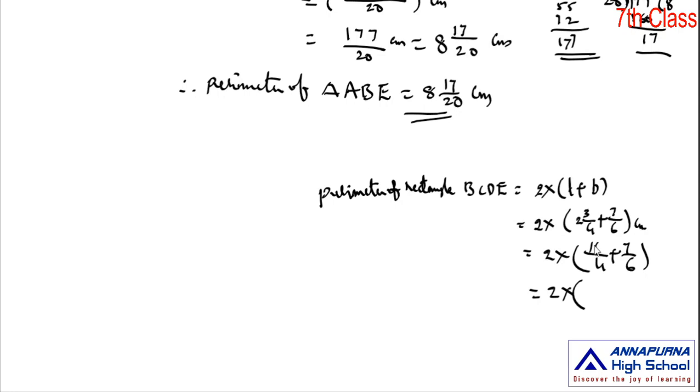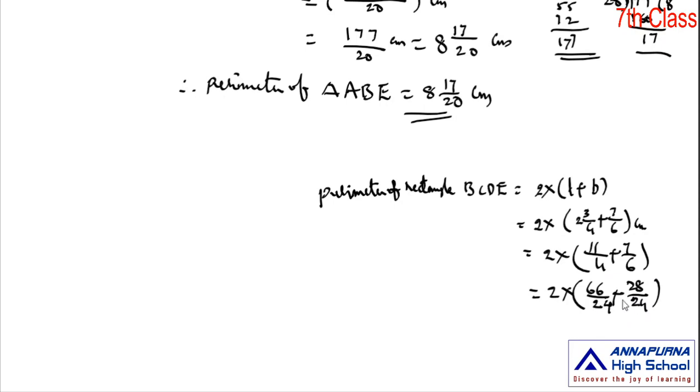That means multiply the numerator and denominator by the denominator of the second fraction. Now 11 6s are 66 by 6 4s are 24, plus similarly 7 4s, multiply numerator and denominator by the denominator of the first fraction: 7 4s 28 by 6 4s 24.